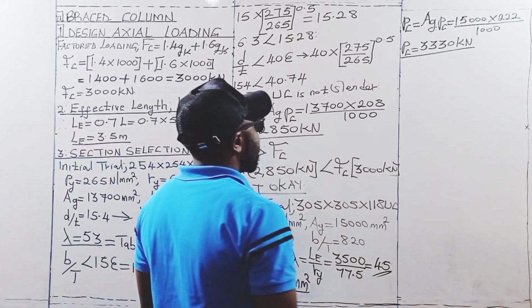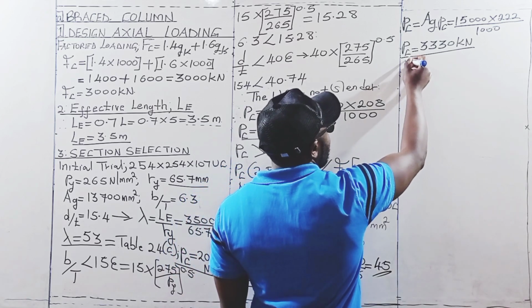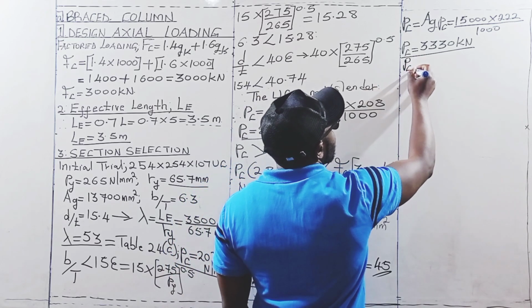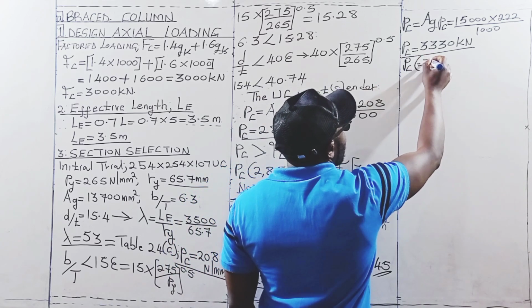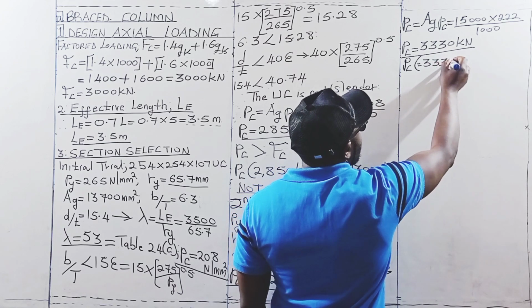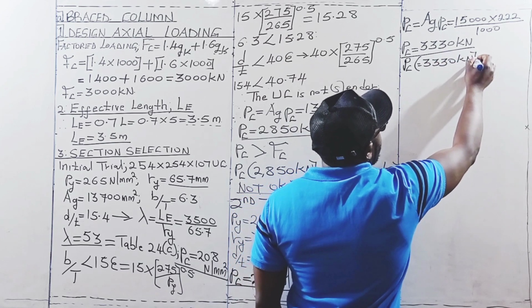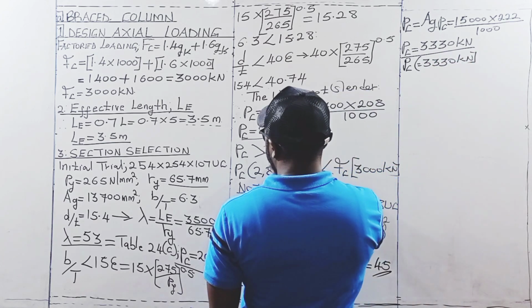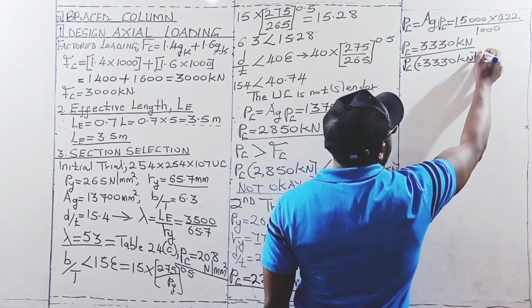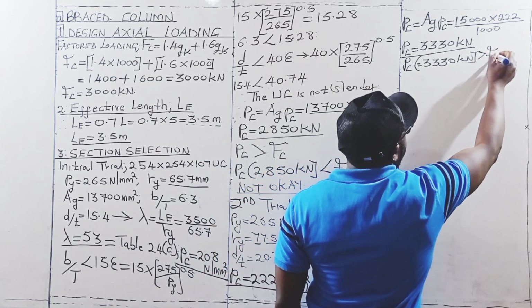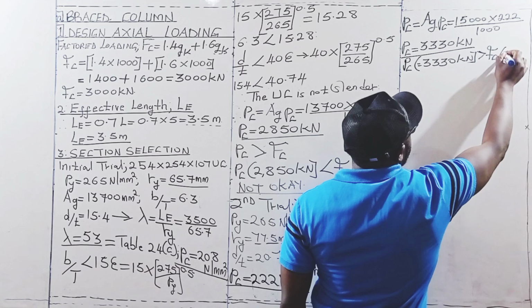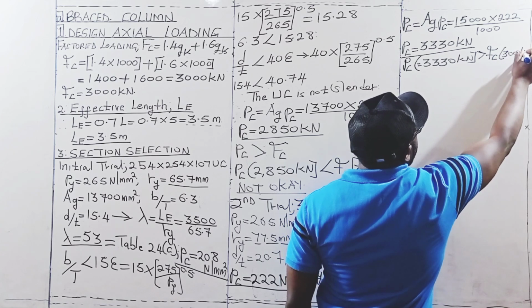So we can see that this compressive resistance of 3,330 kilonewtons is actually greater than the factored loading, which is 3,000 kilonewtons.